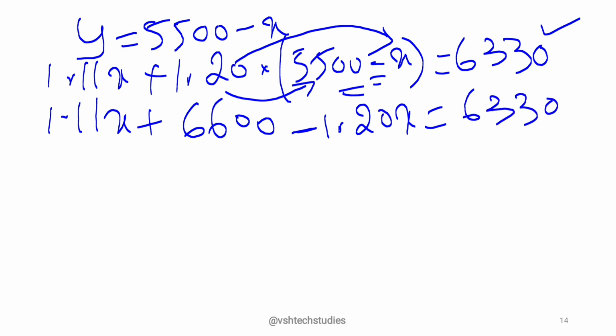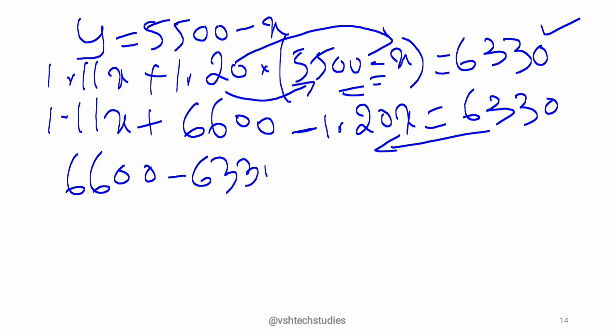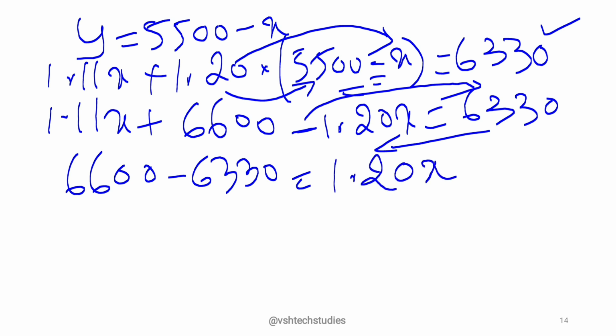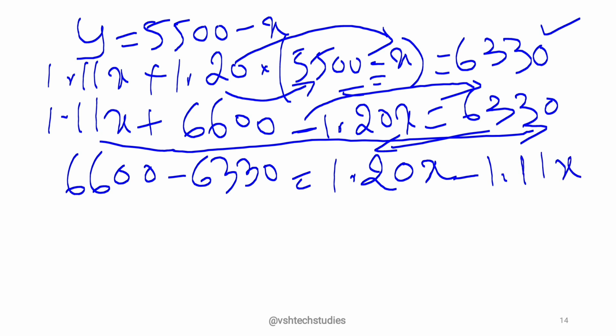Now rearranging: 6600 this side, minus 6330, equal to 1.20x, which is minus, and when it goes to the other side it becomes plus, so plus 1.20x, and the 1.11x, when it goes to the other side, becomes minus, so minus 1.11x.